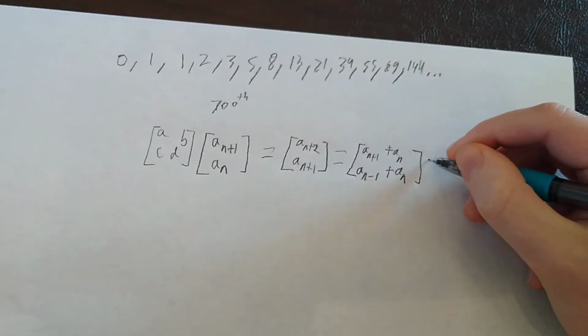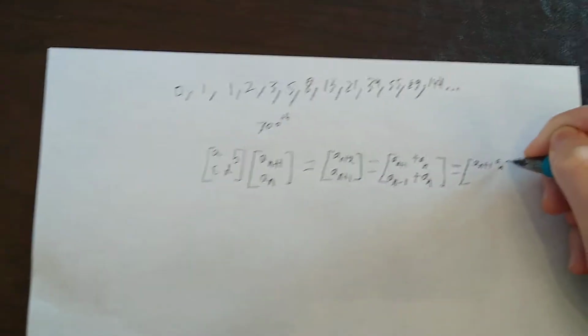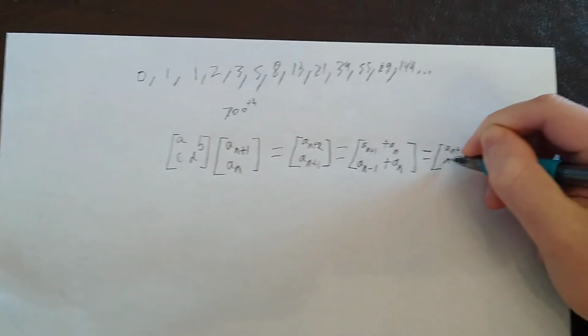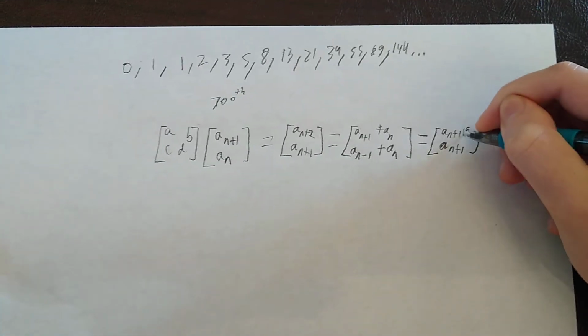Or that would alternatively be equal to A of n plus 1, A of n, then A of n plus 1. That would be a bit easier.